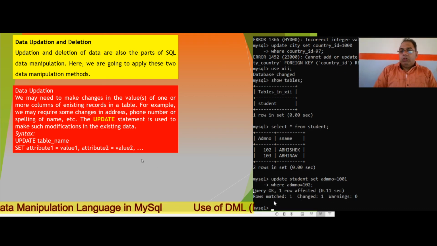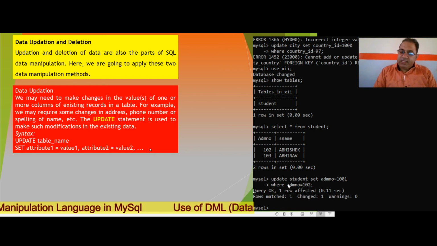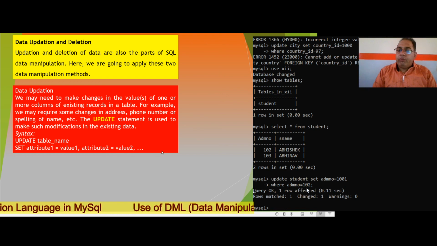Yes, okay, one row affected means it has changed the admission number to 1001 instead of 102.